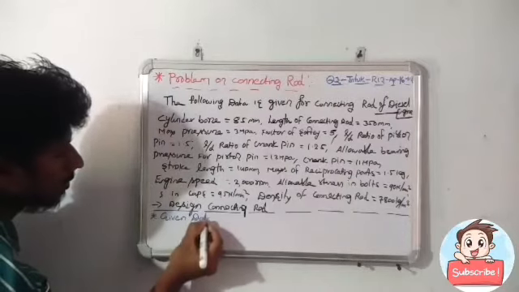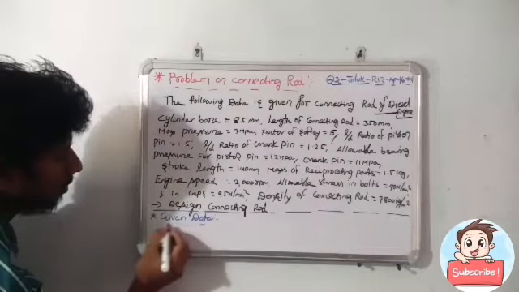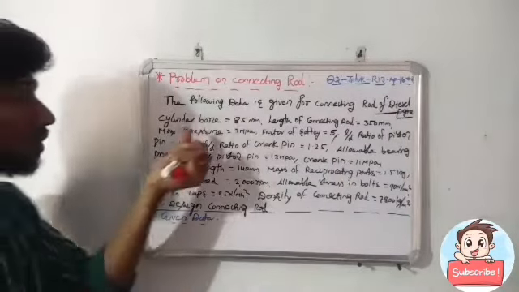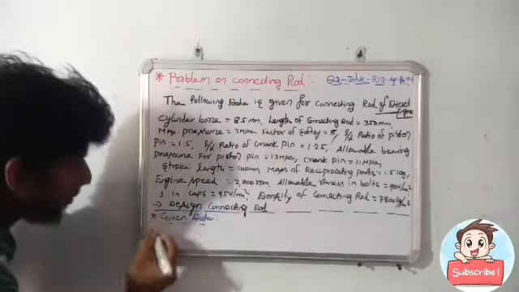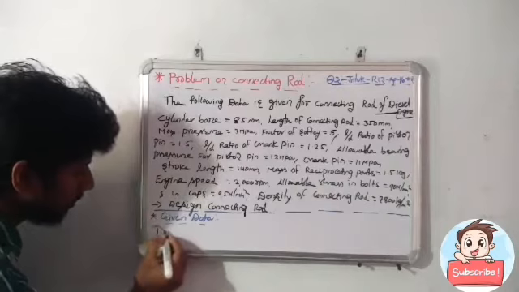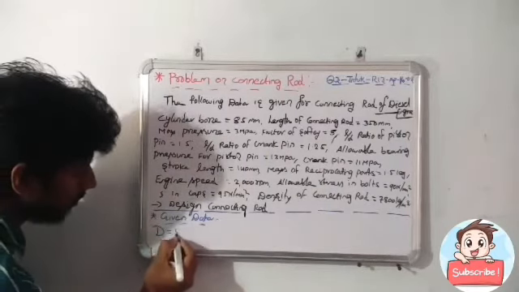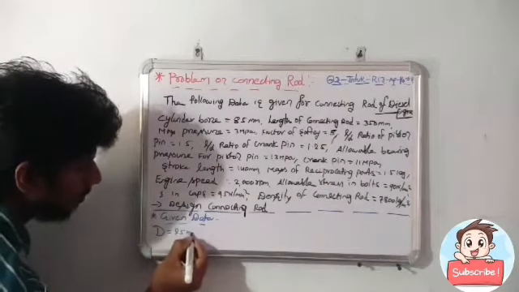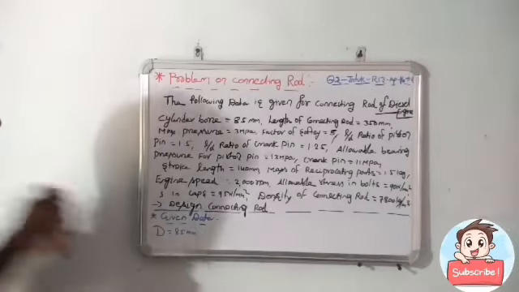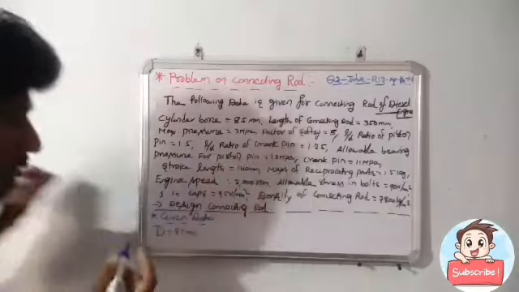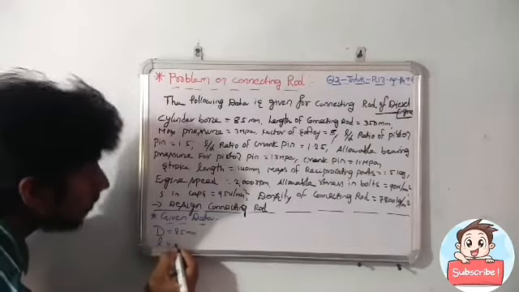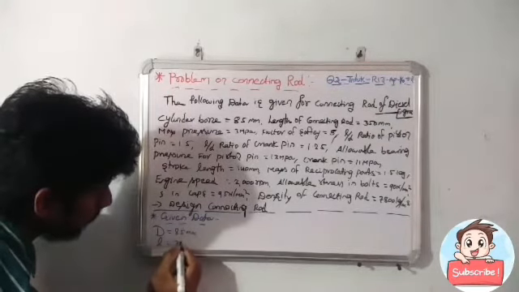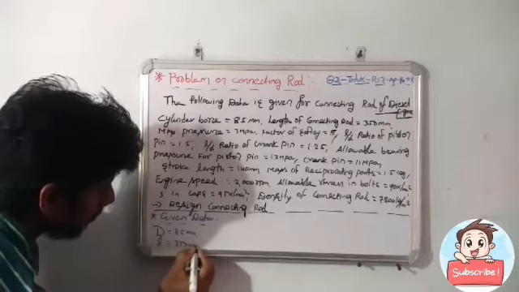For the given data, I am giving the symbols. The cylinder bore is indicated by capital D, equal to 85 mm, and the length of the connecting rod is indicated by small l, equal to 350 mm.